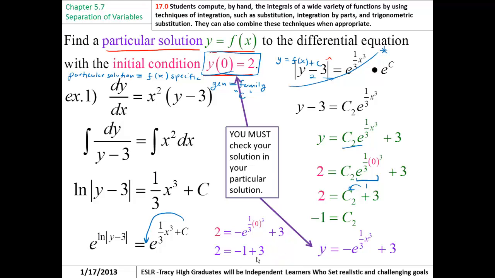Plugging in 2 for y, 2 certainly equals minus 1 plus 3, so that gets the check mark, and you're good to go.